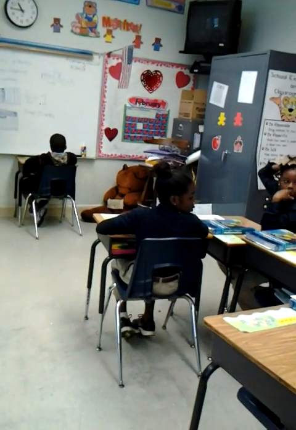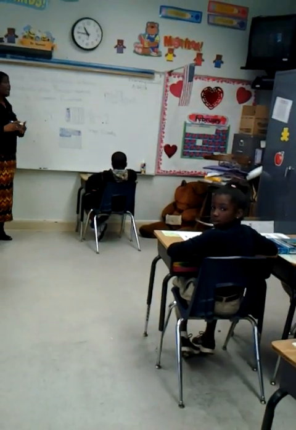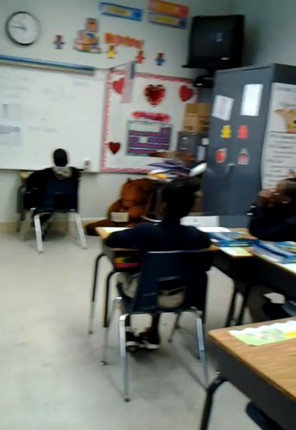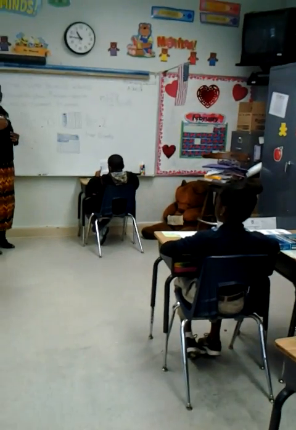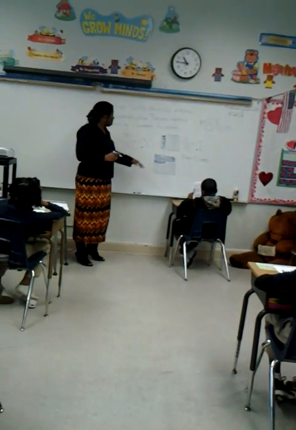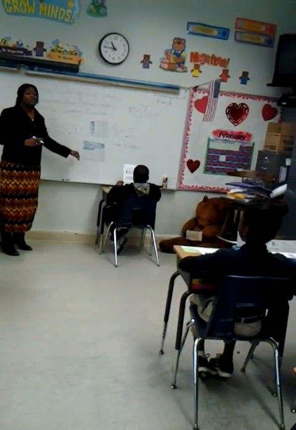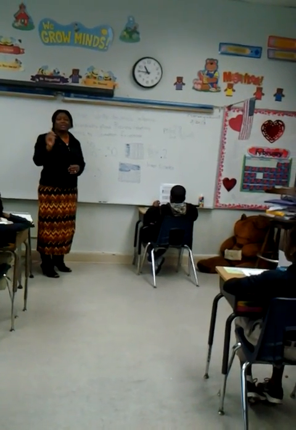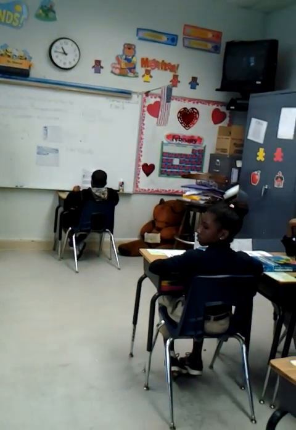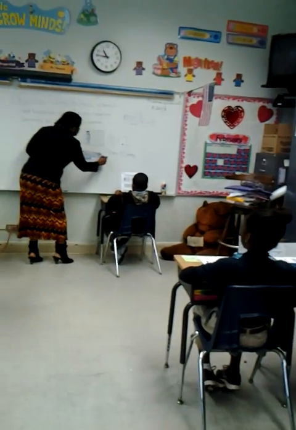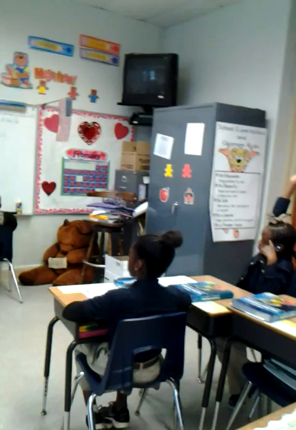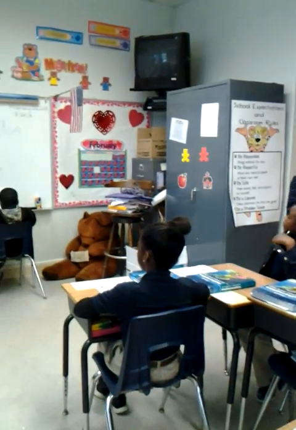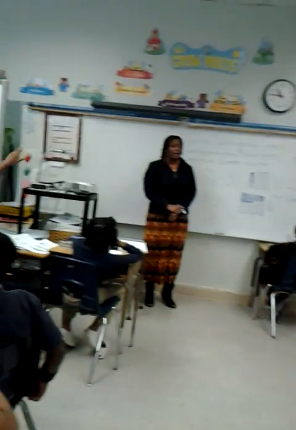So, if 3 rows and 5 seats are sold out, can someone please give me the fractional part for this, Anaya? 35 over 100. Very good. Does everyone agree with her?